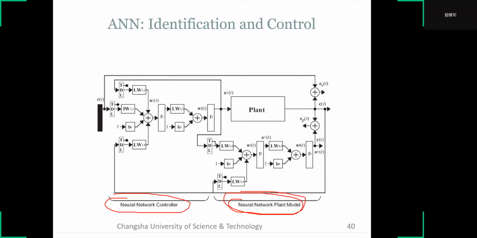In the ANN, the identification can produce an approximate model to represent the target plant. The neural network controller works like a microcontroller, controlling the system.